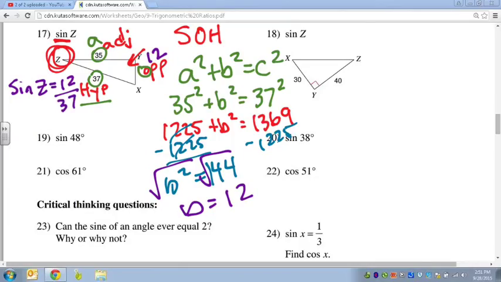Then we need to do 12 divided by 37, and I get, so sine of z, all I'm doing is changing the fraction, is 0.3243. And of course using that fancy chart that you all received, you would look at the sine column and look for 0.3243, and it's really close to 19 degrees. So I know that z is 19 degrees.